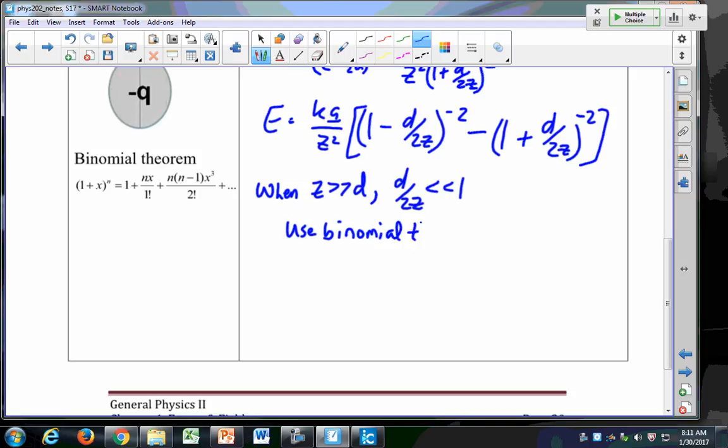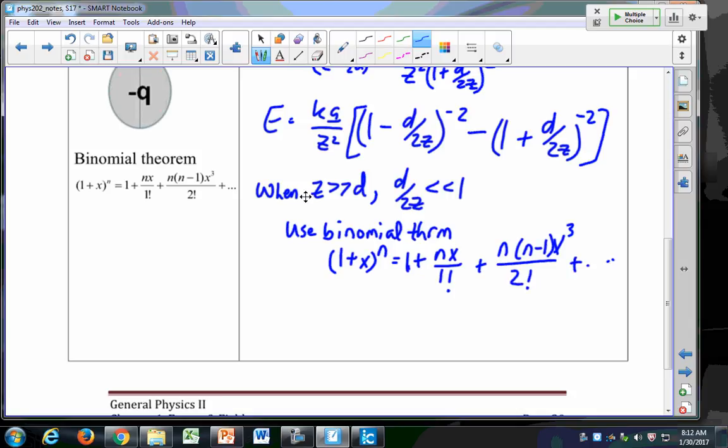You've probably seen this in calculus. You might have used the binomial theorem. It says that (1 plus x) to the n is equal to 1 plus nx over 1 factorial plus n(n minus 1) x squared over 2 factorial plus and on and on.